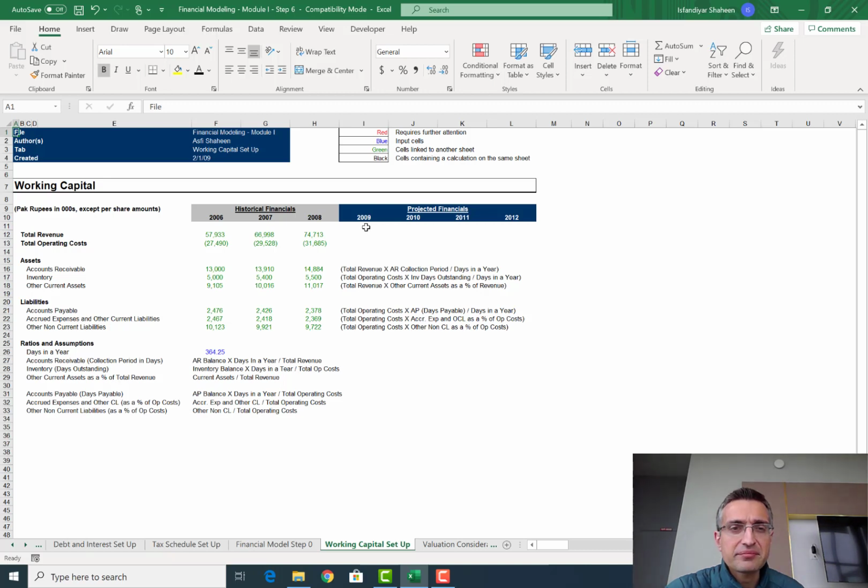The working capital schedule at a very high level tries to figure out, on average, how long it takes to get paid for services performed. In this case, we're going to take the receivables from customers.